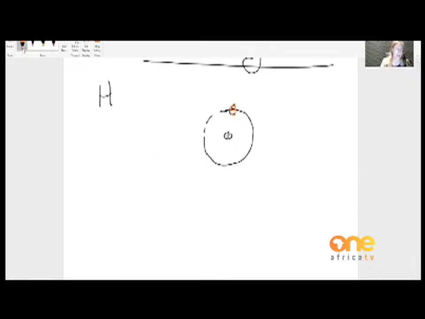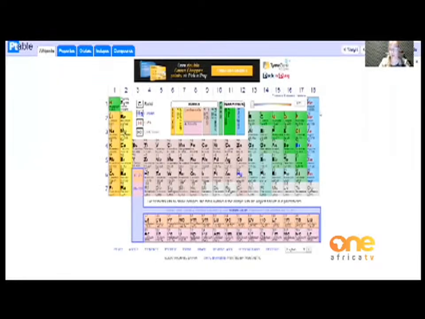Our next simplest atom we get is helium. So helium, we need to go look over here again. So helium, we've got over here, helium has 2 electrons and 2 protons. That is this number that we see in the top over there. And it's got an atomic weight of 4, which means that it's got some neutrons as well.